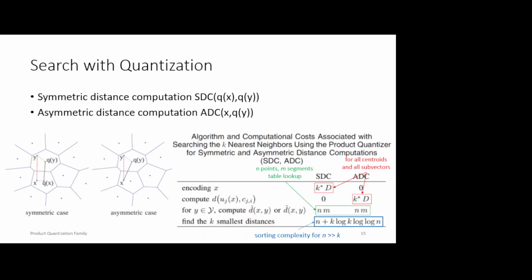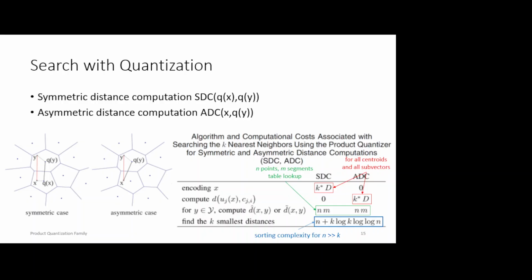But to compute all the data in your database, we have to compute their distances for both SDC and ADC. The complexity is N by n, where N is the number of your data and n is the number of segments. In SDC, you have N data, and for each data you have to check n times, so it is N by n.